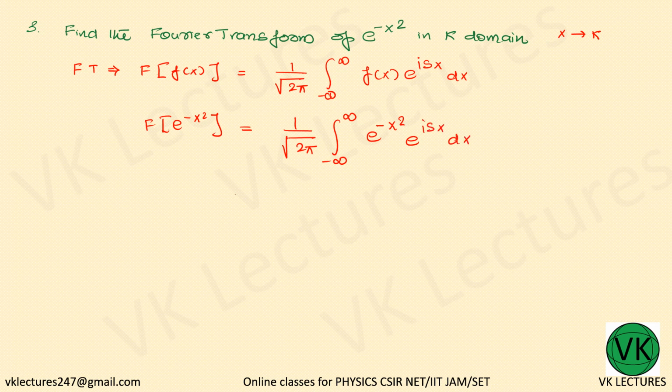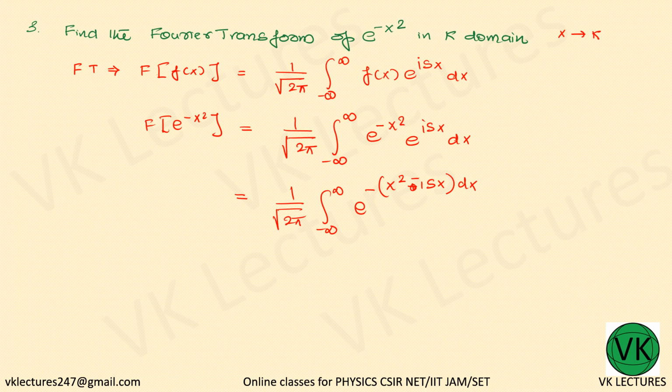So this is equal to 1 by root of 2 pi, integral from minus infinity to plus infinity. Just combine together: e to the power minus of x square, sorry, minus isx dx.